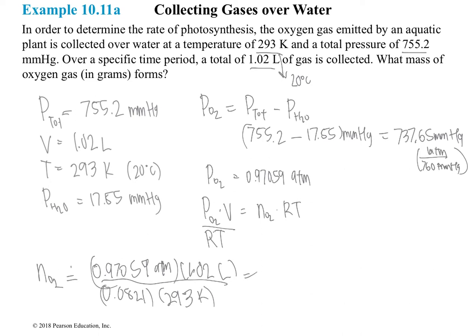So I get my moles of oxygen equals 4.118 moles. And I can convert that to grams using the molar mass, 32 grams per mole. So my total mass is 1.32 grams of oxygen got collected.